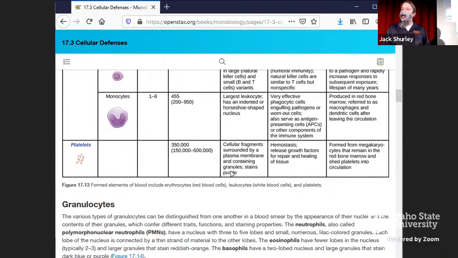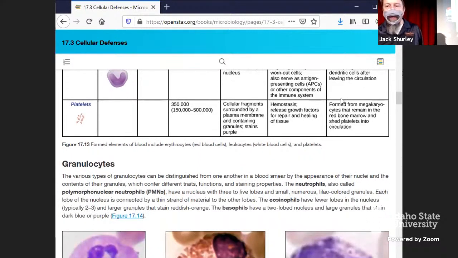And it's really the sum of the chemicals that platelets deliver that initiate this in the first place. So the hemostasis, basically keeping this stuff functioning properly, is by these growth factors that say repair or heal from a wound, whatever it might be. So that's the idea with those guys.